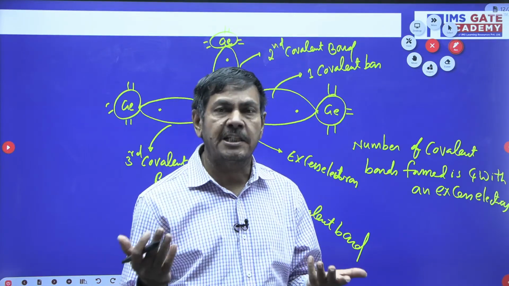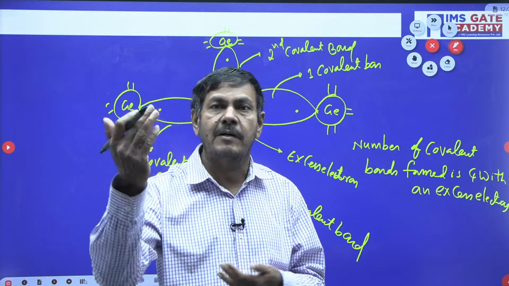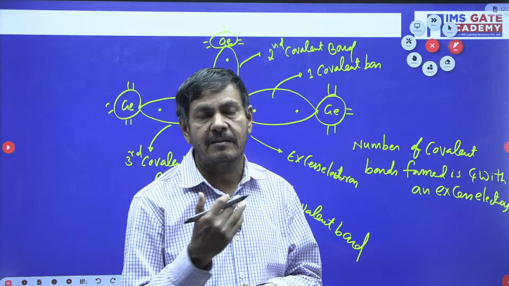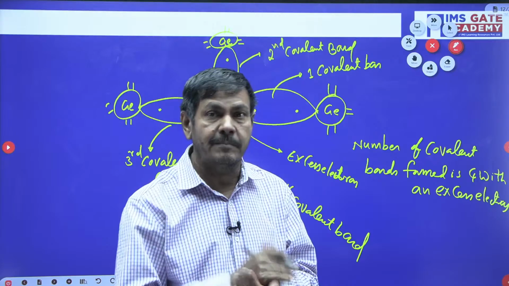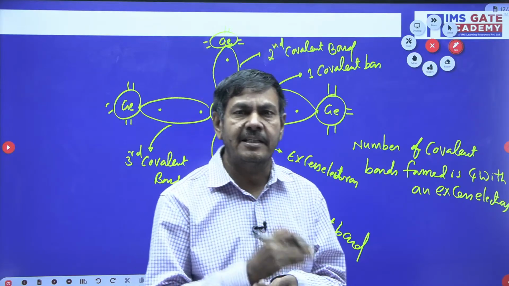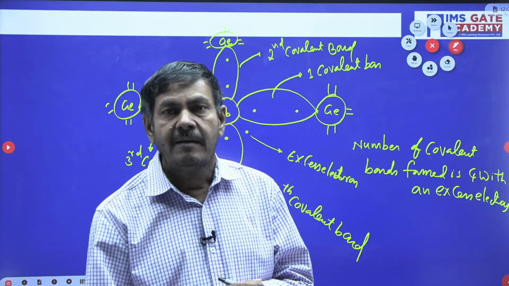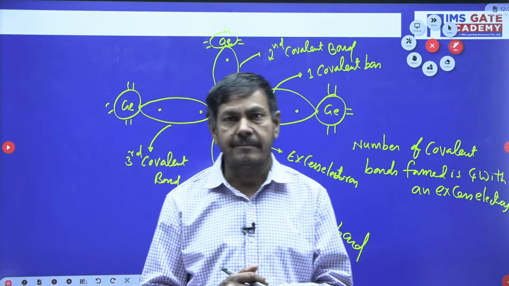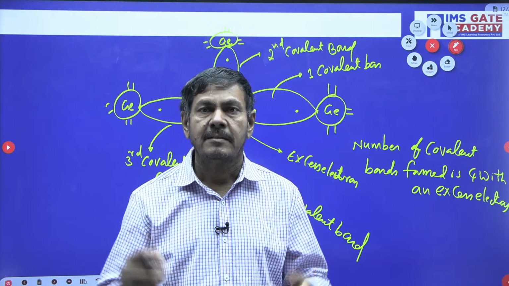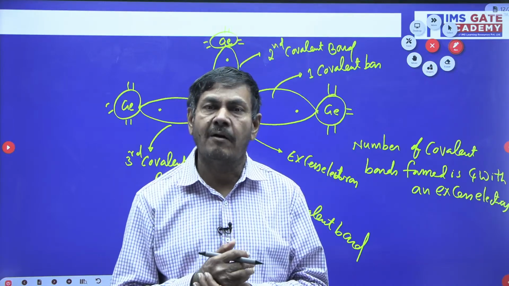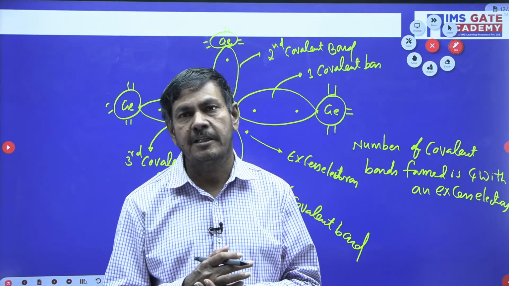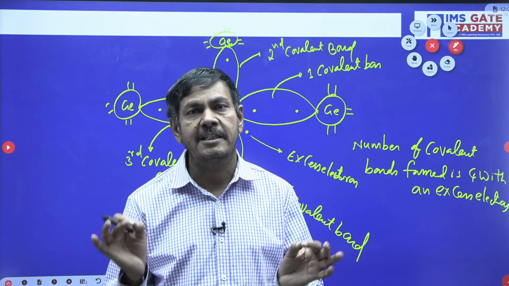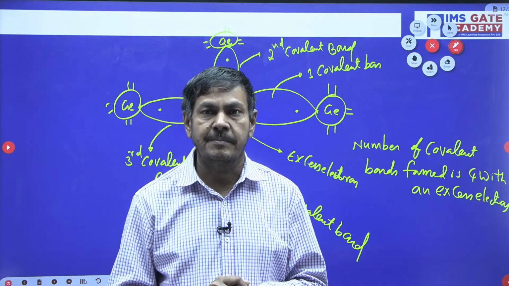Even if a small potential is given, immediately they reach the conduction band. Easily they can reach the conduction band. When you apply any external supply, the flow of these free electrons takes place. At the time, conduction is possible in the extrinsic semiconductor.